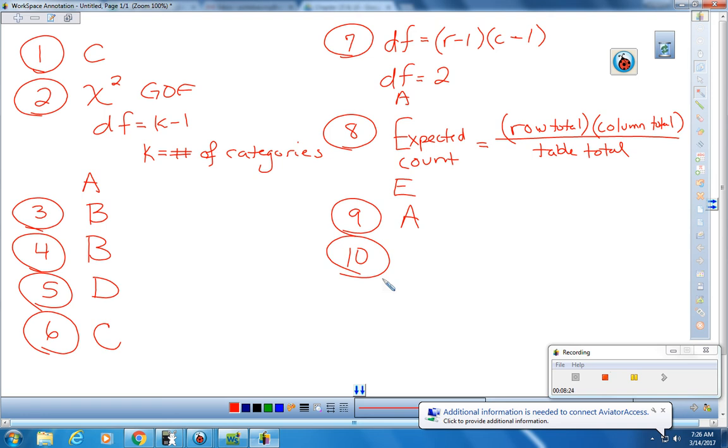Okay, again, this is rows minus 1 times column minus 1. So it's 4 minus 1 times, what do we have, 2 minus 1? So we have 3. Okay? So number 10 is B.